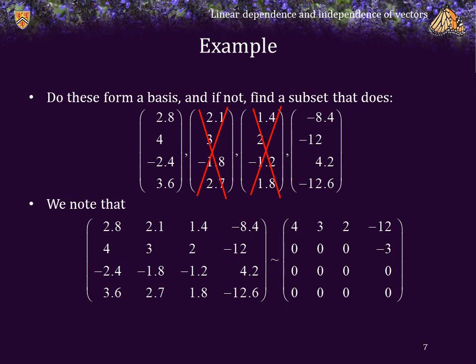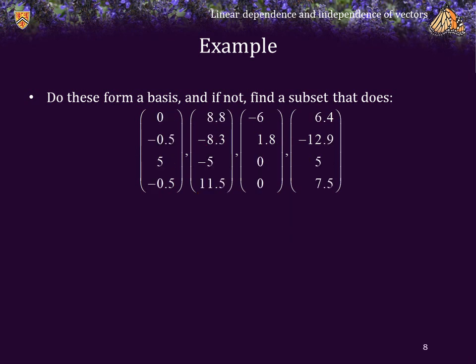So by eliminating those 2 vectors, a basis for the span of all 4 vectors is simply the vectors 1 and 4. And if we were to take the span of only one of those vectors, it would not equal the span of both of them. So vectors 1 and 4 are linearly independent, and therefore they form a basis for their span.